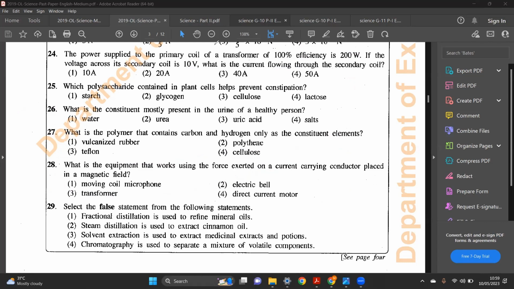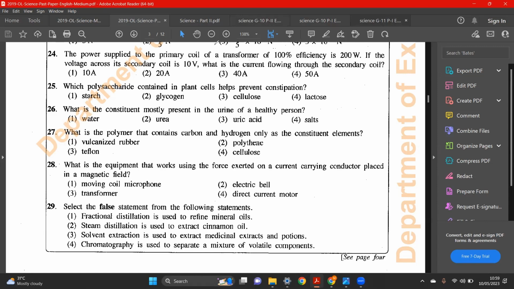All right. So that is the 24th question. Then we move into the 25th one, which polysaccharide contained in plant cells helps prevent constipation. Now we know when it comes to a balanced diet, we include carbohydrates, proteins, lipids, all of that. And we also include fibers in a certain quantity, things like bananas, peppers, apples, guavas, a glass of water.